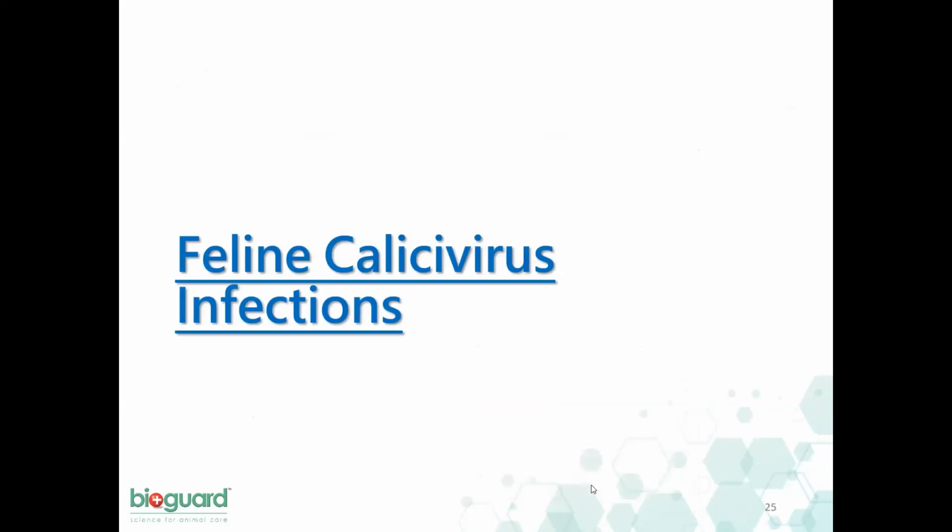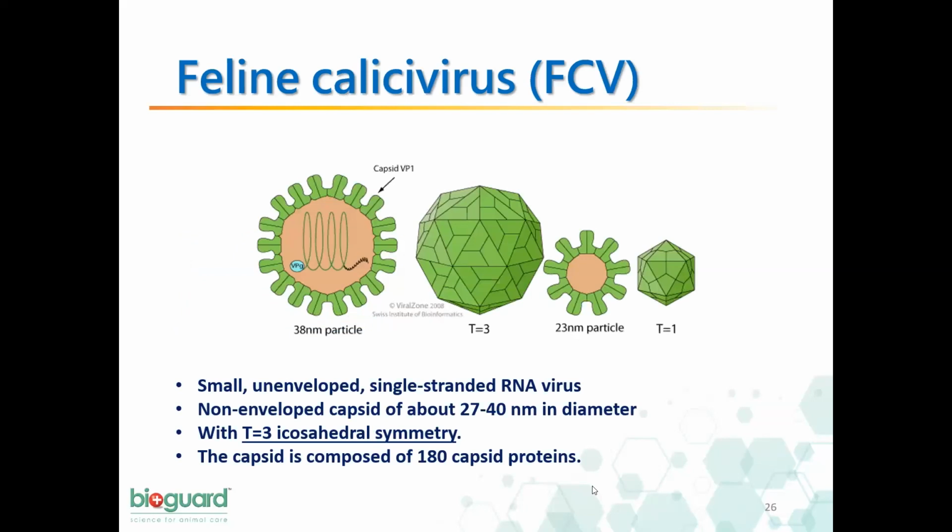Let's now look at some more detail about feline calicivirus infections. Feline calicivirus is a very small virus, a single-stranded RNA virus, which is a bit different from feline herpes virus, which is double-stranded.